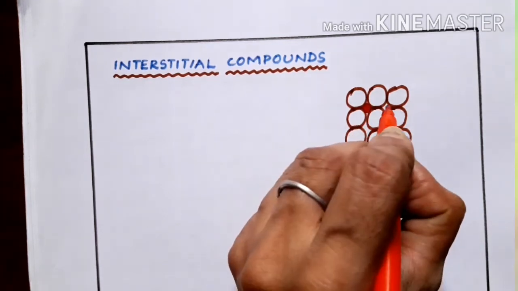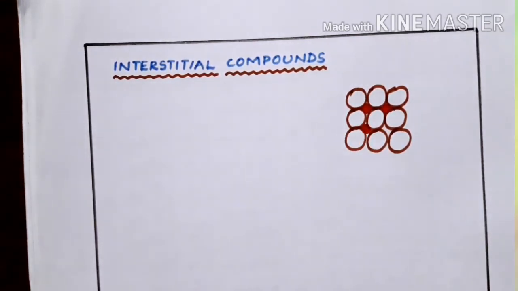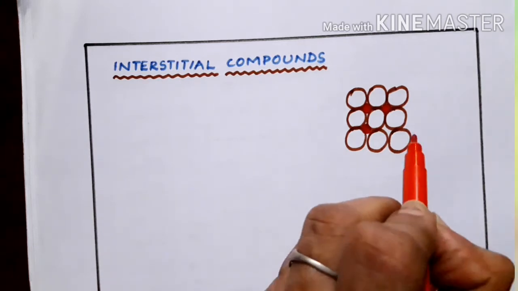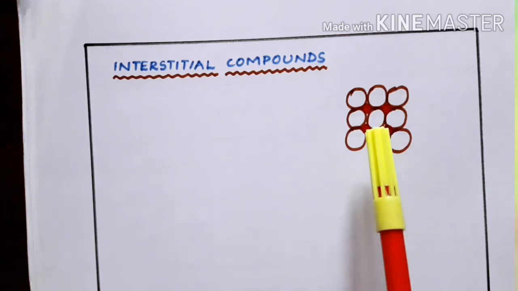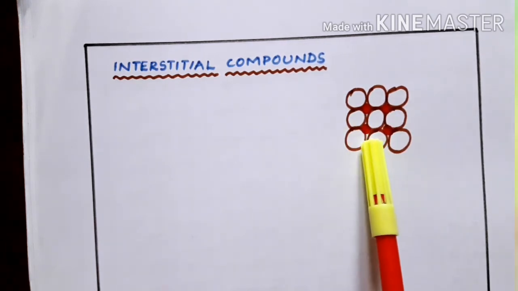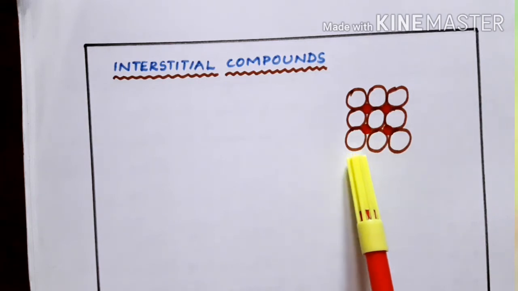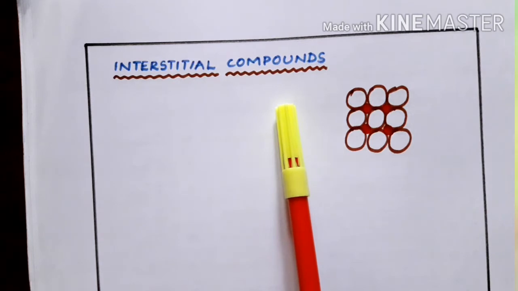So these gaps, when they trap small atoms like hydrogen, carbon, nitrogen, etc., they will bind together without any direct bond formation. Still the compounds are formed, and such compounds formed when small atoms like hydrogen, carbon, nitrogen, etc. get trapped in between the voids of the metallic lattice are known as interstitial compounds.